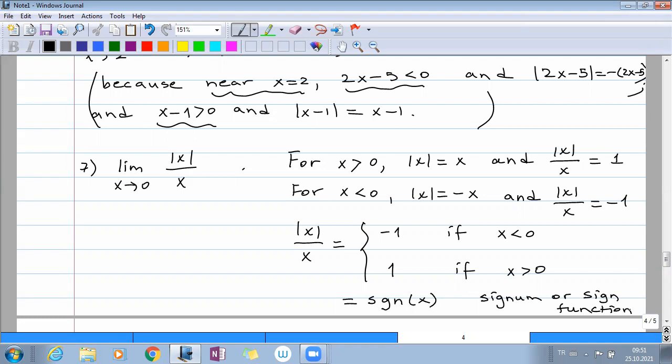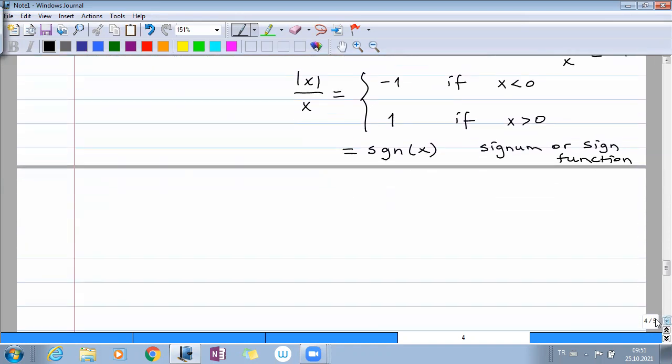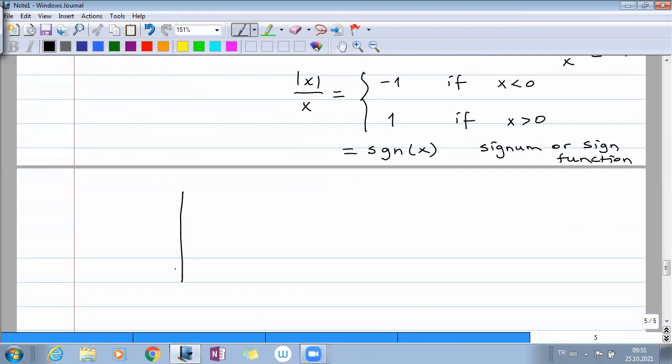So the sign function depends on the sign of x. So when you consider the picture, the graph, this is the graph. All right.